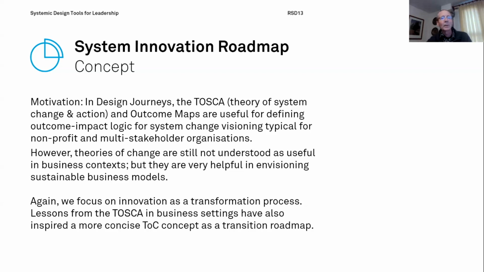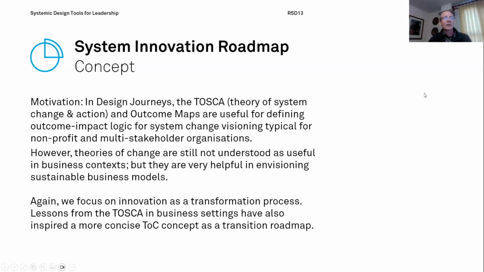In multi-stakeholder organizations, it's used in the SDG programs, these complex theories of change, but they're not understood in a business context, nor why you would have one. As a company, what is it that you're actually changing? You're providing a service, developing a market, but maybe changing the industry might be part of that change. And that would be a different type of theory of change.